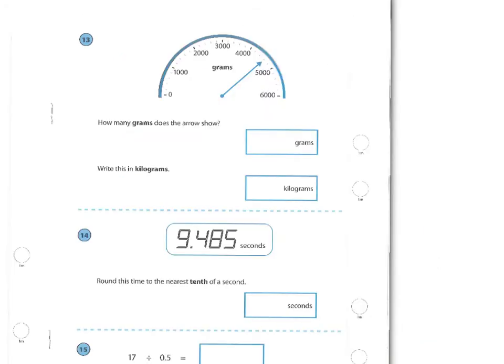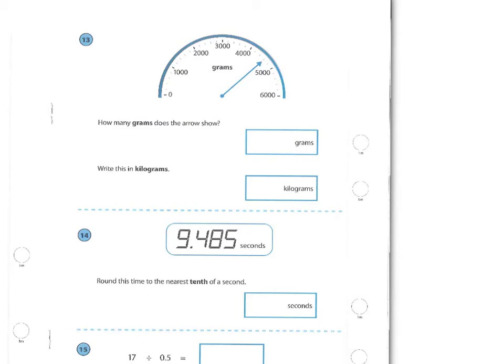Question 13. How many grams does the arrow show? Well, what we can see is that each bold marker has thousands on it. But in between 4,000 and 5,000, there are in fact 5 spaces. So if we divide that 1,000 by 5, that means that each gap must be 200.